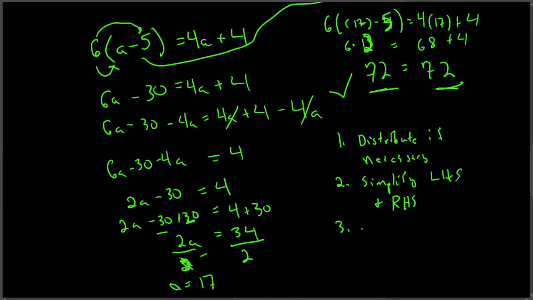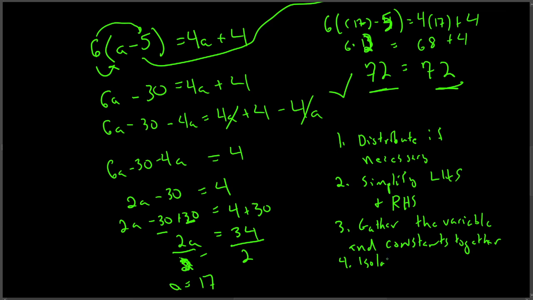And then I'm going to say we gather the variables and constants together. And we do this by using all of our rules until, and then isolate the variable. That's isolate the variable. And then check your answer.